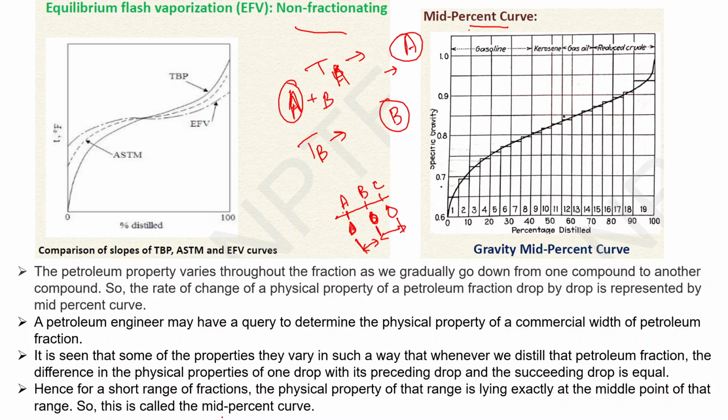So for a very short range of fraction, the physical property of that range lies exactly at the middle point. This droplet is exactly at the middle point of this line, so its property is in the exact middle of the range.